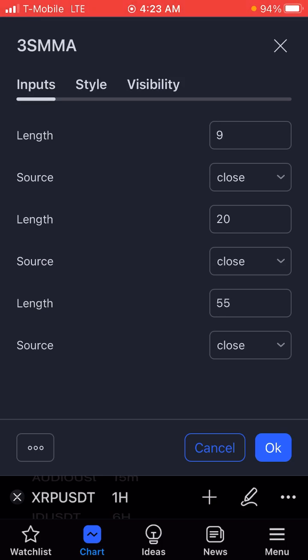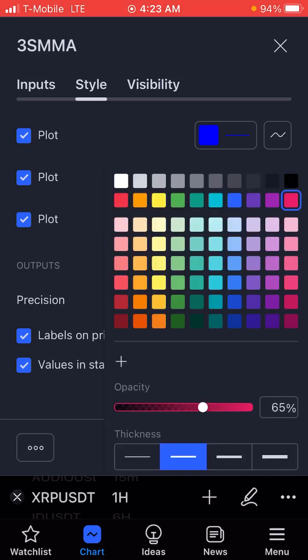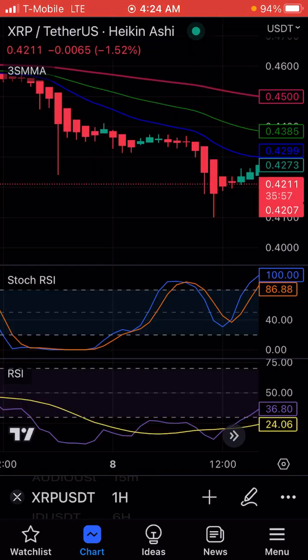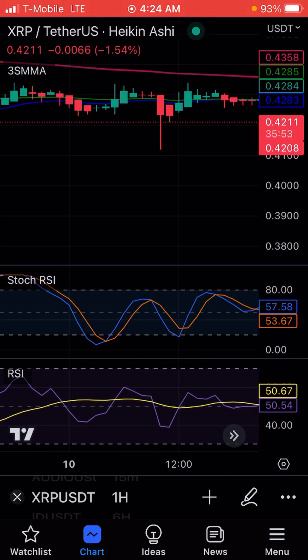It's called the 3SMMA if you want to use that one instead. You just change it to 9, 20, and 55, and then you go over here and change your colors. The 55 I always make thicker because I want it to stand out. Then the other 2, just make them bright colors: yellow, green, red, blue. The formula is really simple, and you don't want to miss this first step.